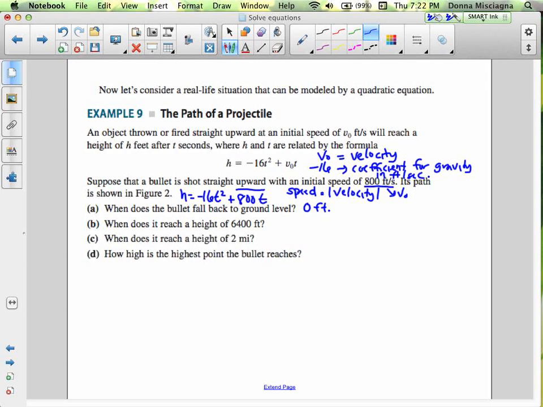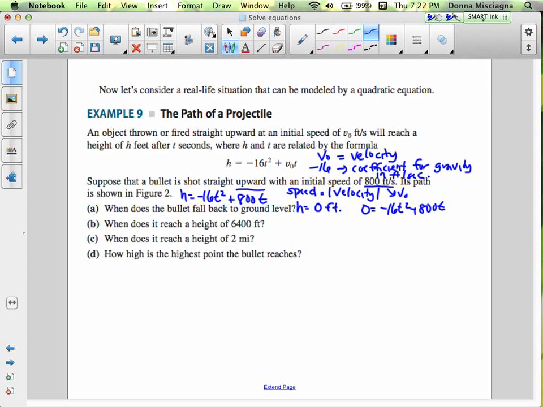So now we're just going to set our equation equal to 0. So our height's going to be 0. Maybe I should put h equals 0 feet. All right, so 0 equals negative 16t squared plus 800t.